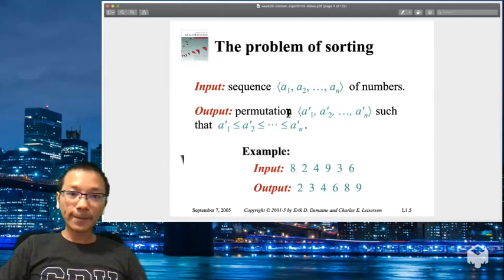Is this element bigger than the card you want to insert? If it's bigger, you move on to the left and check the next one. If it's still bigger, you keep moving left until you find one that's smaller, and then you put this card right next to the right side of the smaller card, so they're all still sorted. So that is basically the idea.